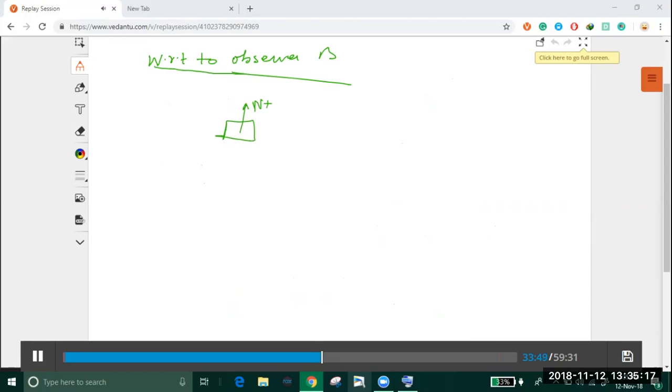Now with respect to B, this system appears to be at rest. So now apply the second law here. What will it become? Normal plus ma minus mg is equal to mass times the acceleration of the block with respect to the observer B.